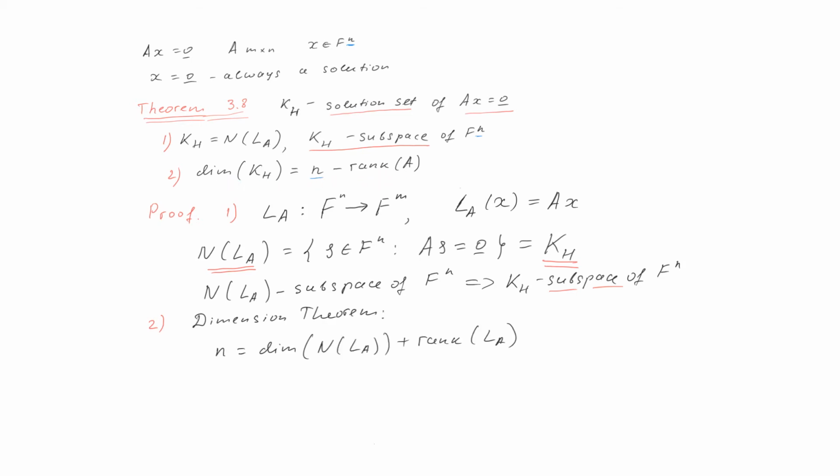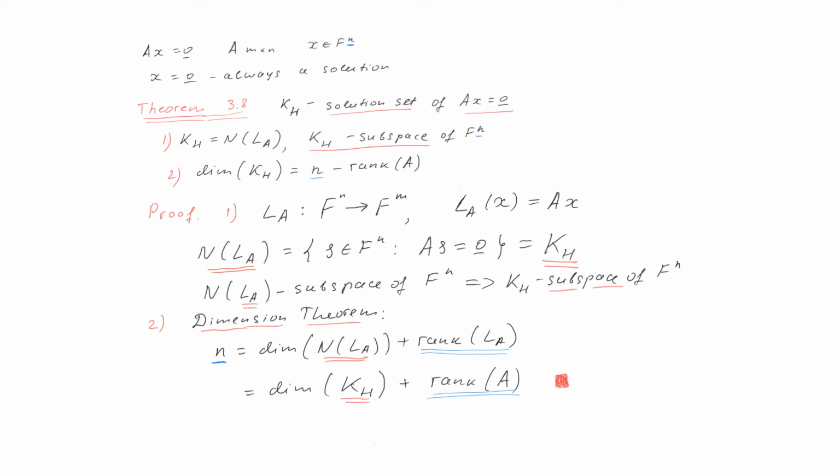Of course, we are going to use the dimension theorem, and we apply it to the transformation LA. Then we have that n is equal to the dimension of the kernel of LA plus the rank of LA, and the first is the same as the dimension of the solution set, because we just proved that these two sets are the same, and the second one, by definition of the rank of a matrix, is the rank of A. And then the theorem is proved.